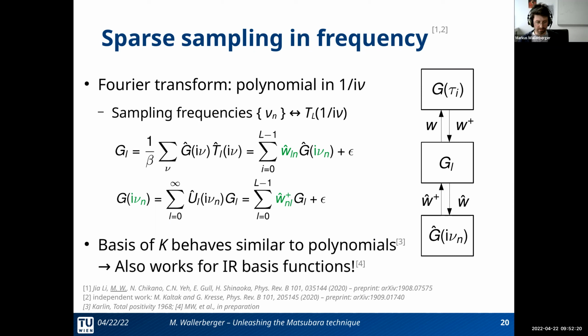They call it the discrete Lehmann representation, because they rely on essentially the same truncation. Usually, when you do a truncated singular value decomposition, you first do what's called a rank revealing QR decomposition.